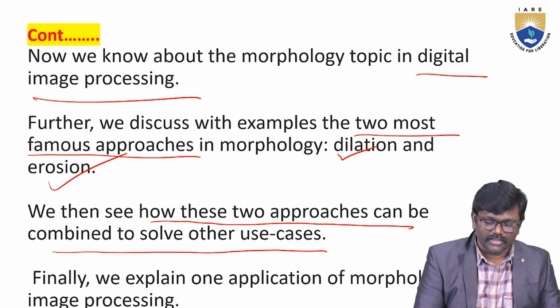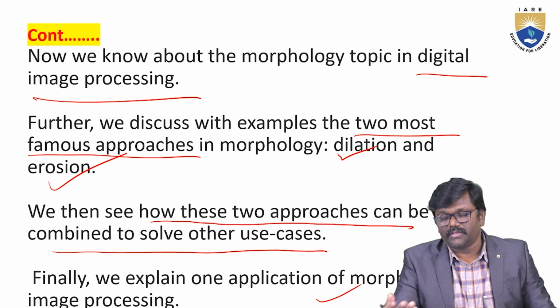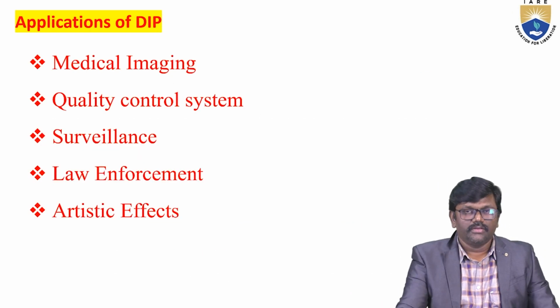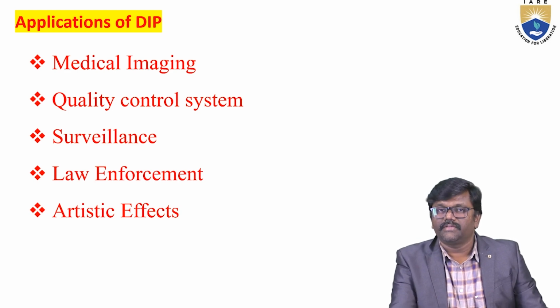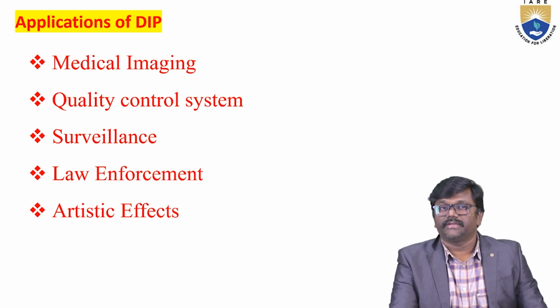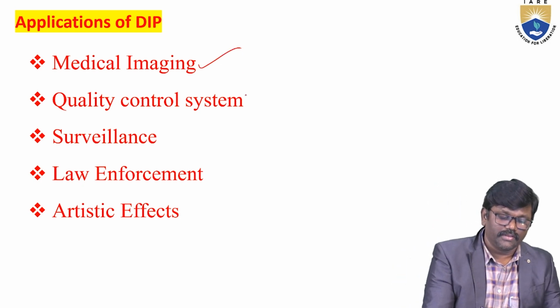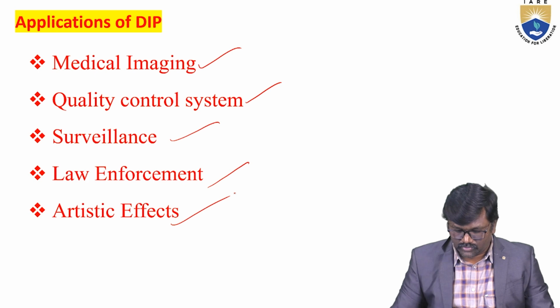Finally, we explained the application of morphological image processing. I hope you understood the complete concepts. Coming to digital imaging applications, morphological image processing can be used in all areas: medical image processing, quality control systems, surveillance, law enforcement, and artistic effects also.